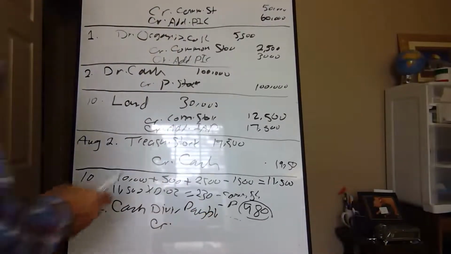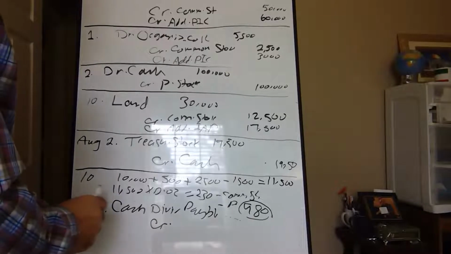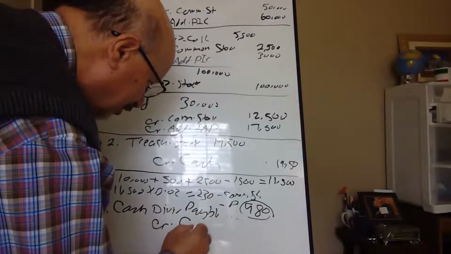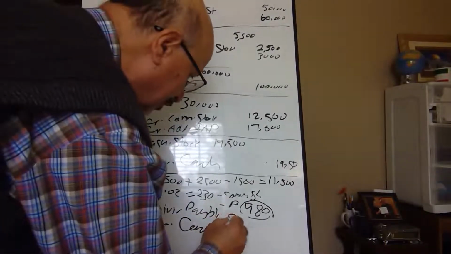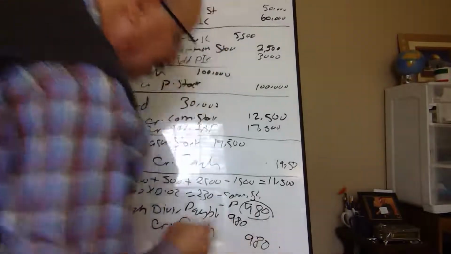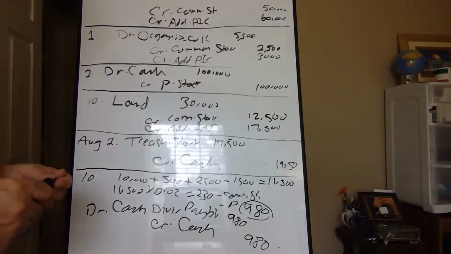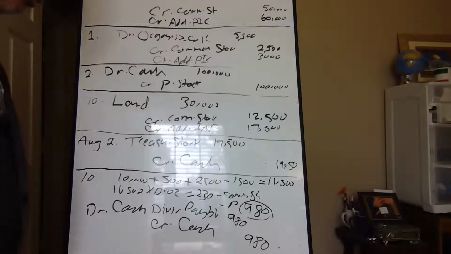We do a reversing of the declaration date. Debit cash dividends payable and credit cash for $980. Okay? I do believe now we are through with this problem, and we are through with chapter 13.